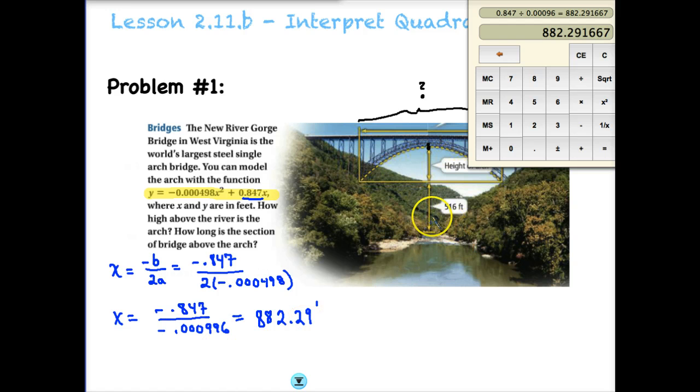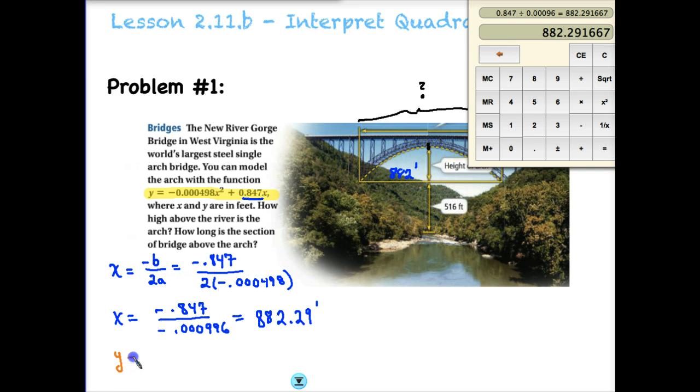So we know that the distance from here to here is going to be approximately 882 feet to get to this mark here. That is our x-coordinate. But what we really want to know is how high this is. If we know the x-coordinate, we can determine the y-coordinate by plugging it in for x.